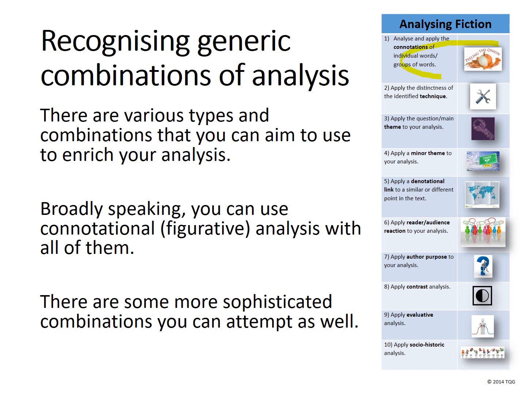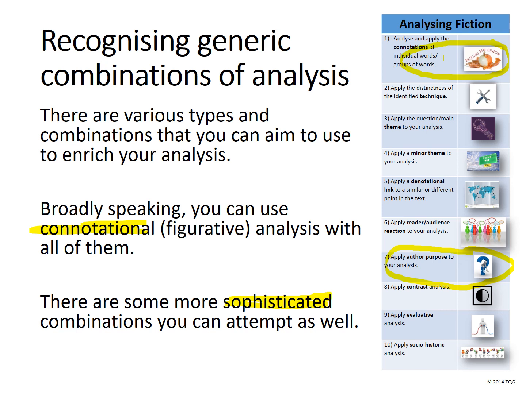So maybe you want to use the analysis of connotations, and we can use this perhaps with something with author purpose. Broadly speaking, you can use connotational analysis at the top here with all of these. And there are some more sophisticated combinations that we'll show you later on as well.